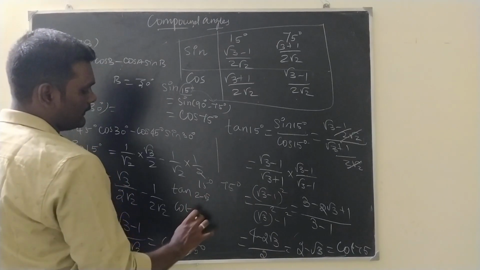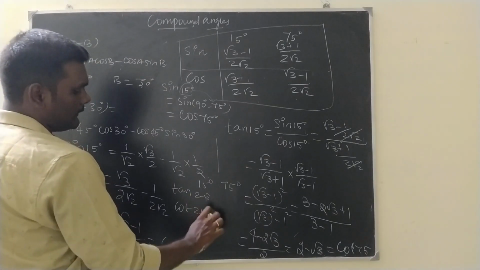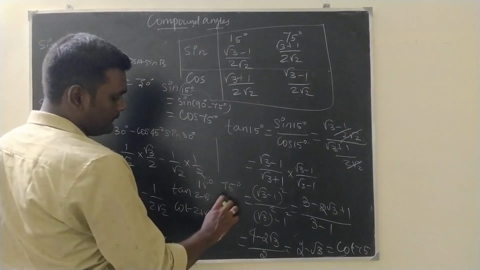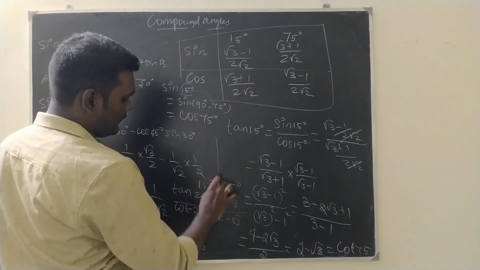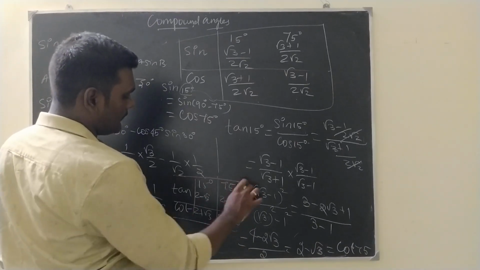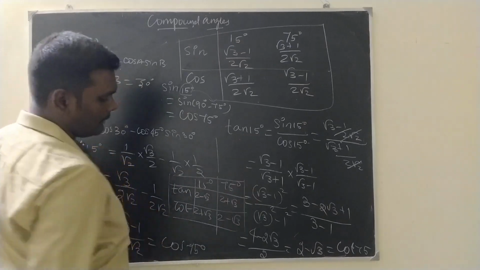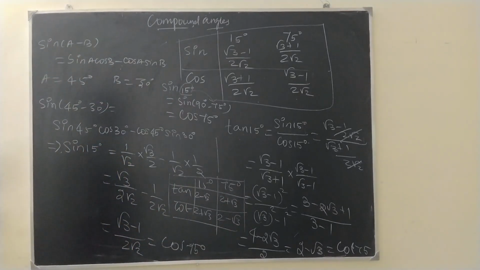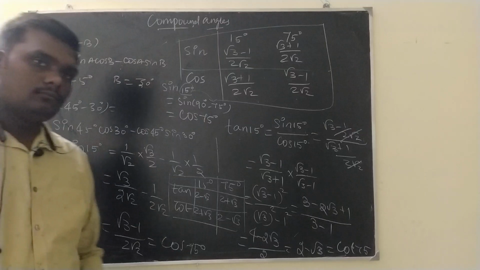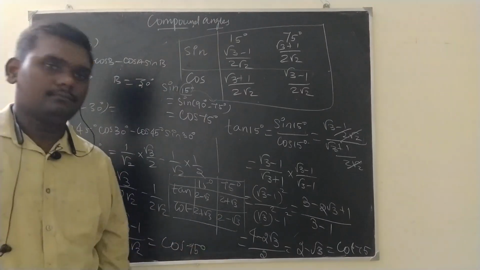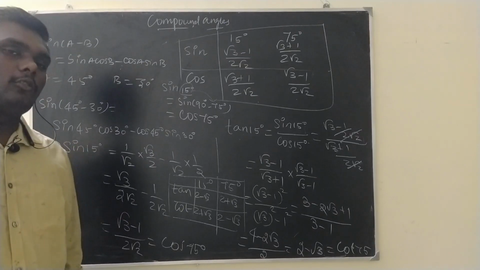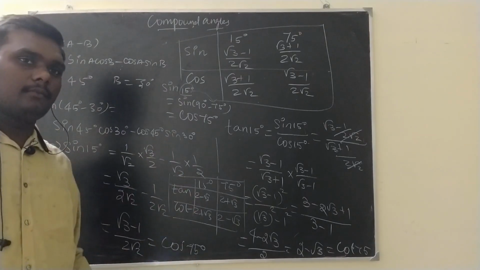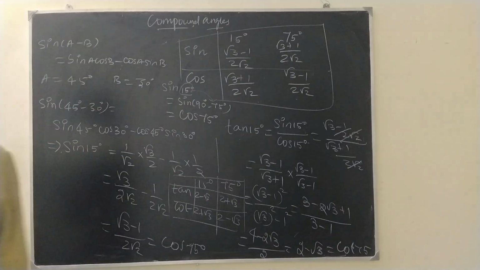This one is 2 minus root 3 and this one is 2 plus root 3. Here 2 plus root 3, 2 minus root 3. That is the value of tan and cot. Got it? So write everything. Make it fast.